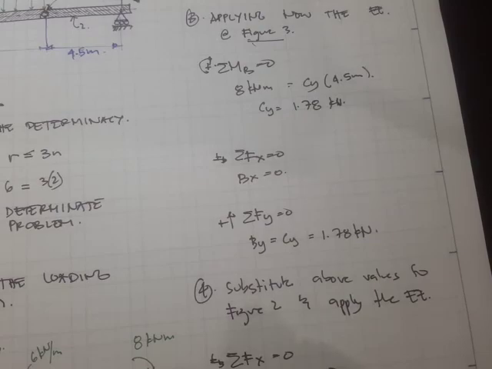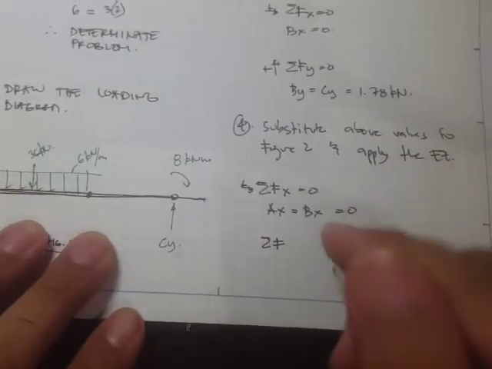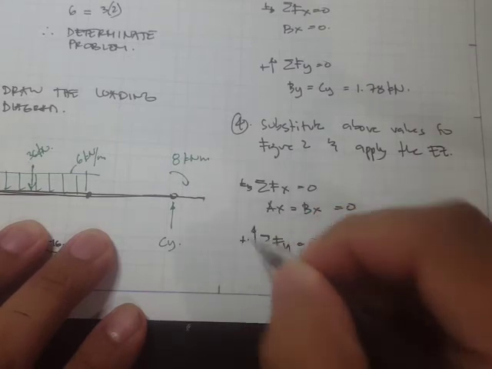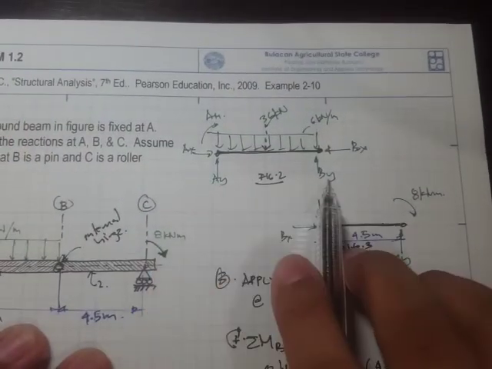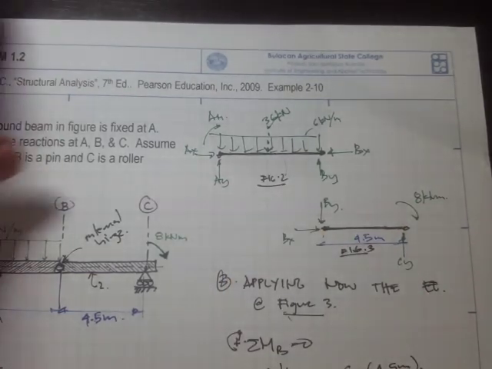And if we apply the summation of forces y is equal to 0, the forces along y are Ay, By, and this 36 kilonewton resultant force.